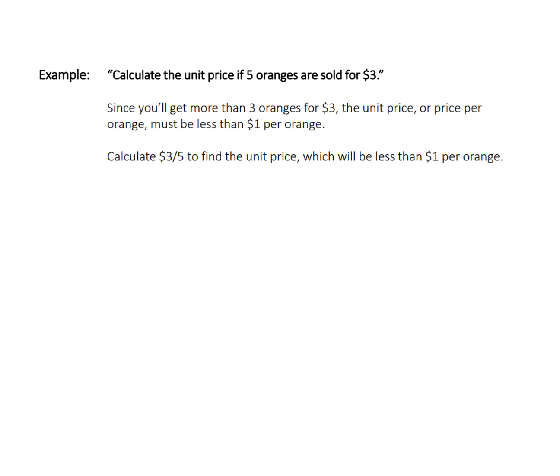Let's work through the example that's in your worksheet packet. It tells us to calculate the unit price if 5 oranges are sold for $3. Remember, it is price per units, and per means division. So our price is $3, and we have a total of 5 units.